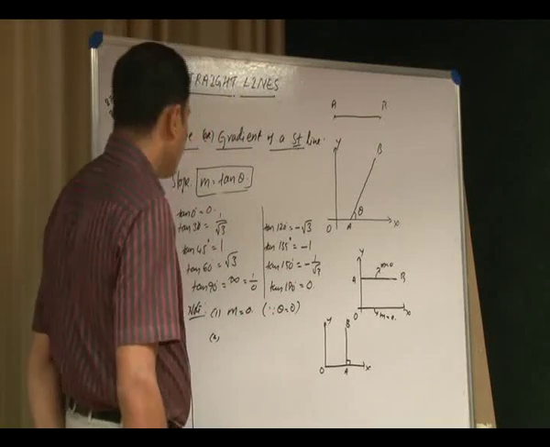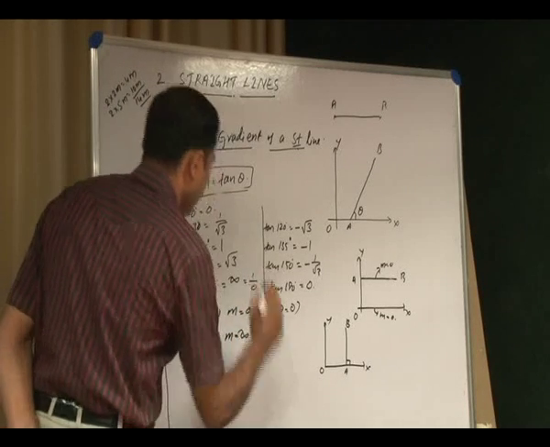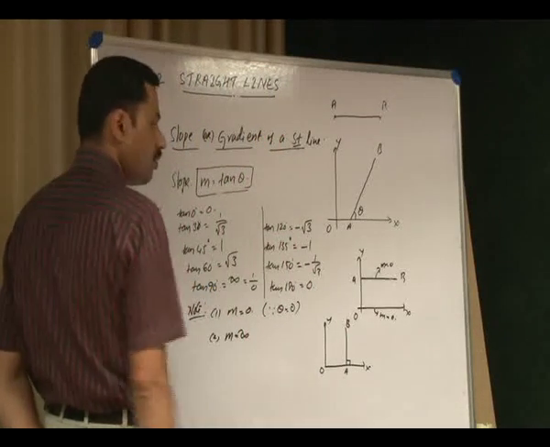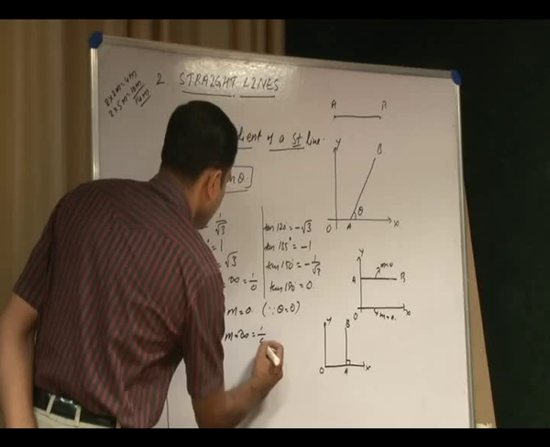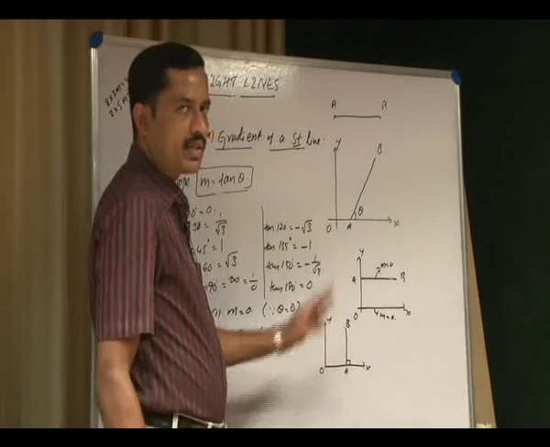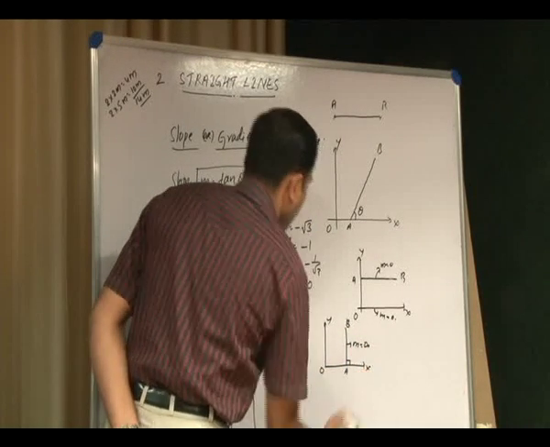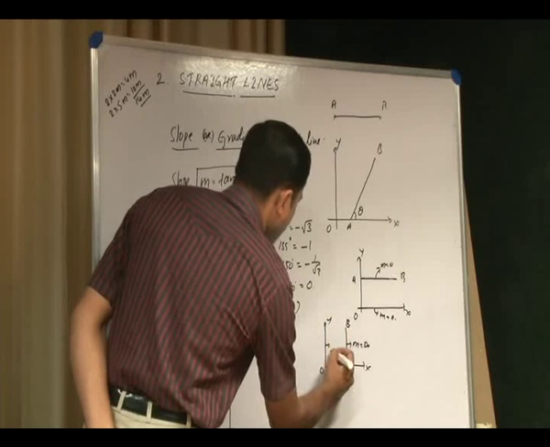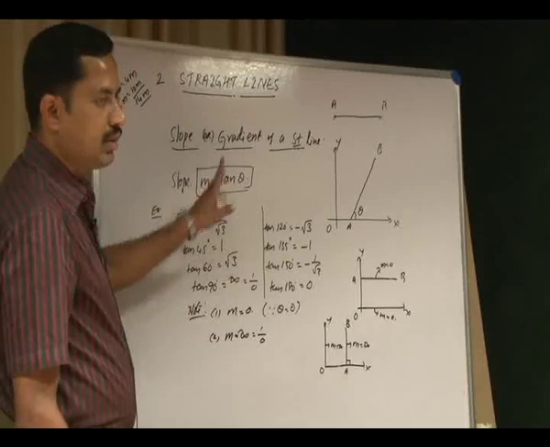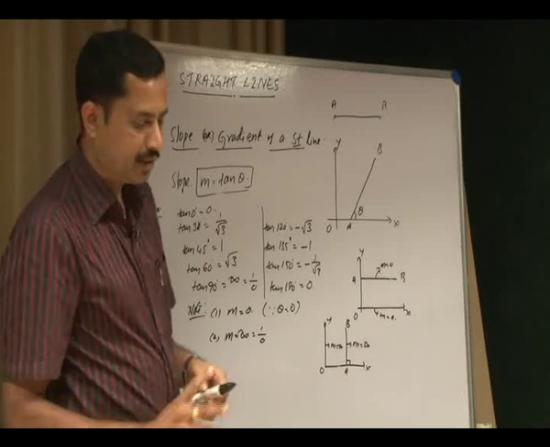Then the slope of that line is infinity, since the angle theta is 90 degrees and tan 90 is infinity, or 1 by 0. That means the slope of line AB is infinity, and even the slope of the y axis itself is infinity. So, that is according to this definition.